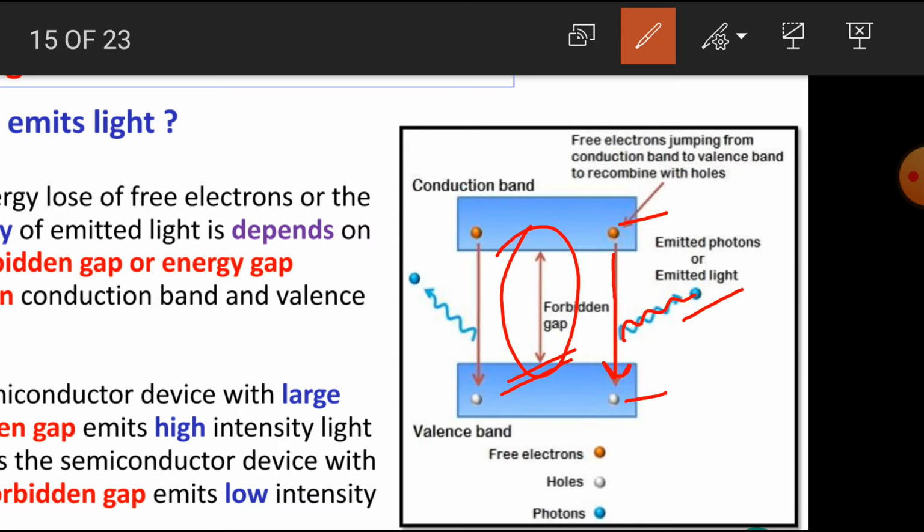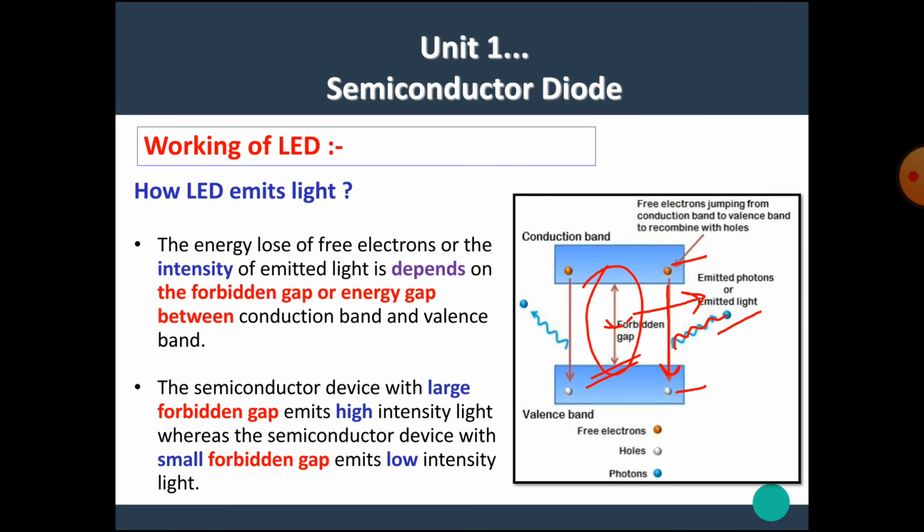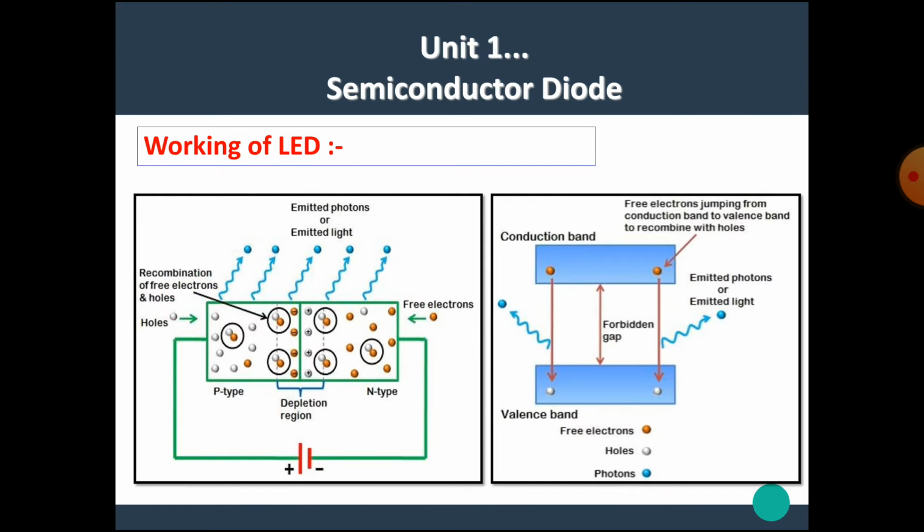If the forbidden energy gap is more, then the intensity of emitted light is more, and if this gap is short, then the intensity of the emitted light is low. Okay, I hope you all understand the band diagram of the LED.